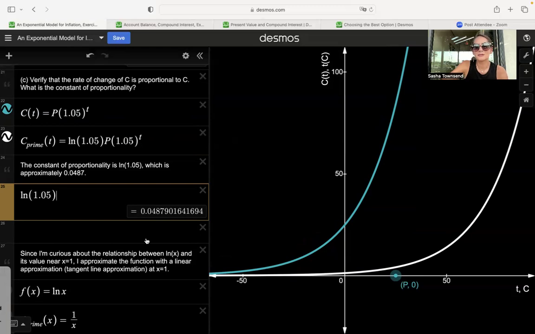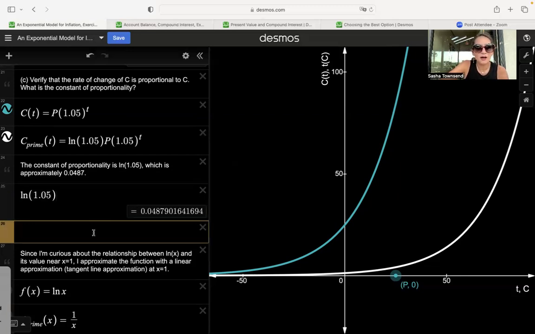What is the relationship between the input value, this x value that we're putting into the logarithm, and the output value? We're taking the log of something that's basically 105%, and we get 5%, or in decimal form, 0.05. I wonder if that's always true.